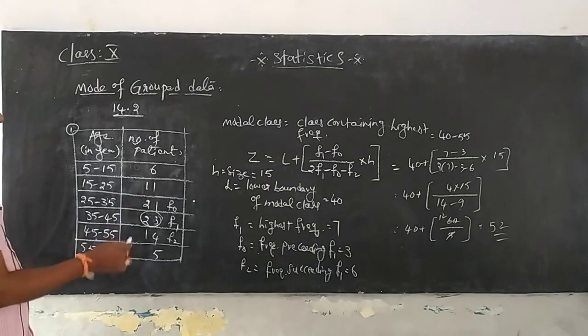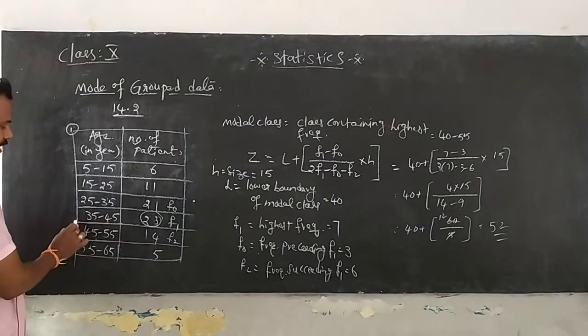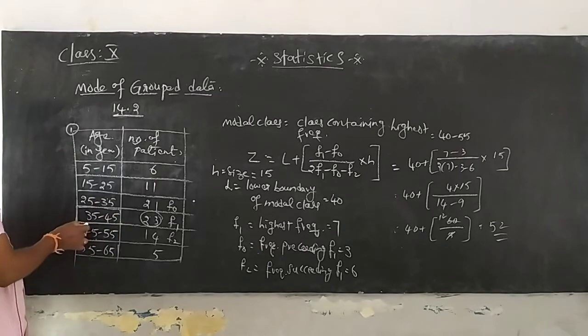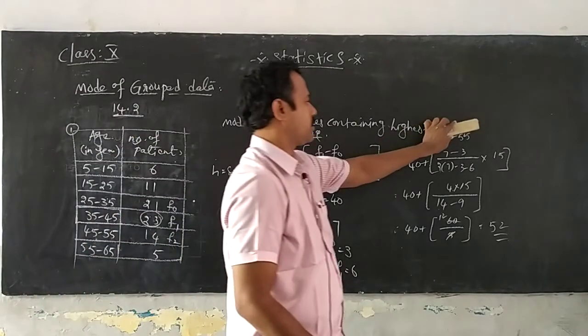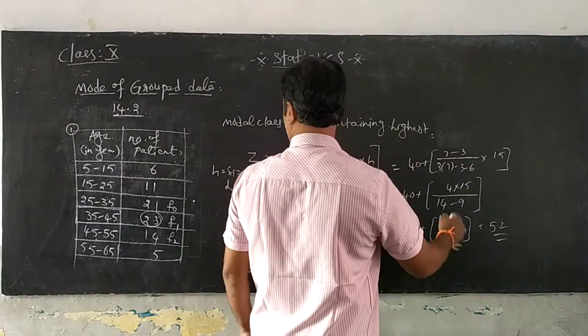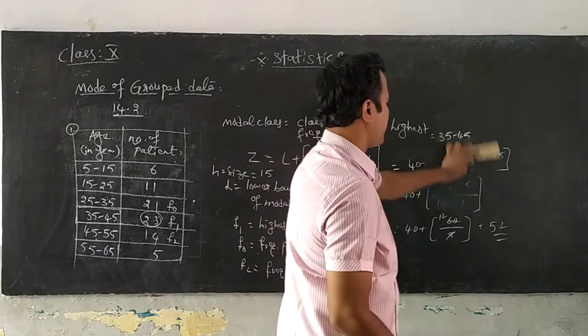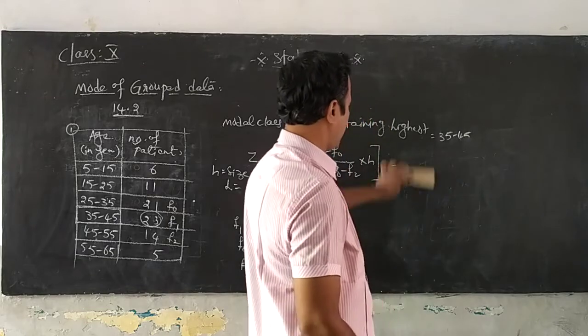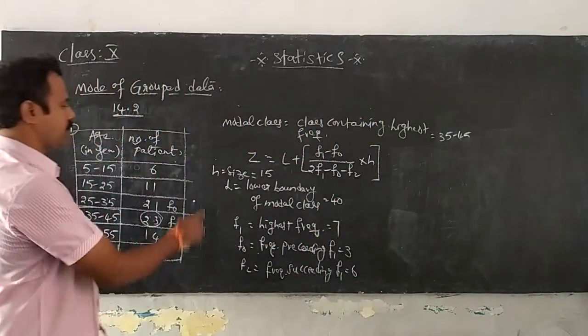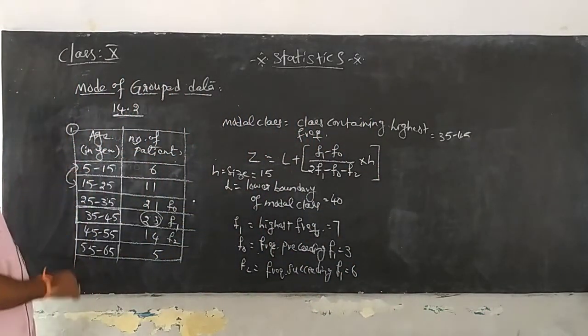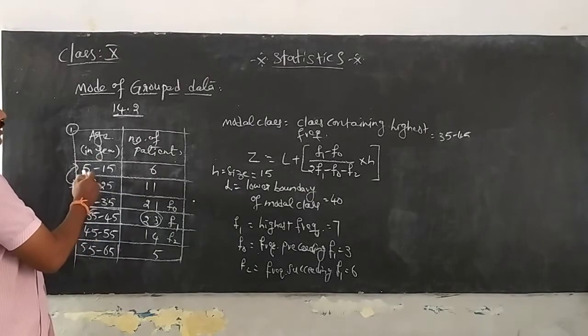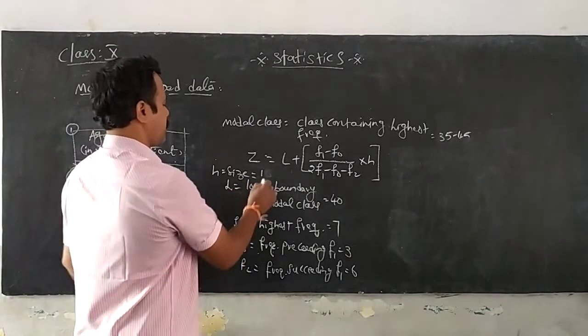What is the modal class here? The class containing the highest frequency is called the modal class. So your modal class is 35 to 45. Now can you tell me the values? What is H? The difference between 15 and 5, that is 10.